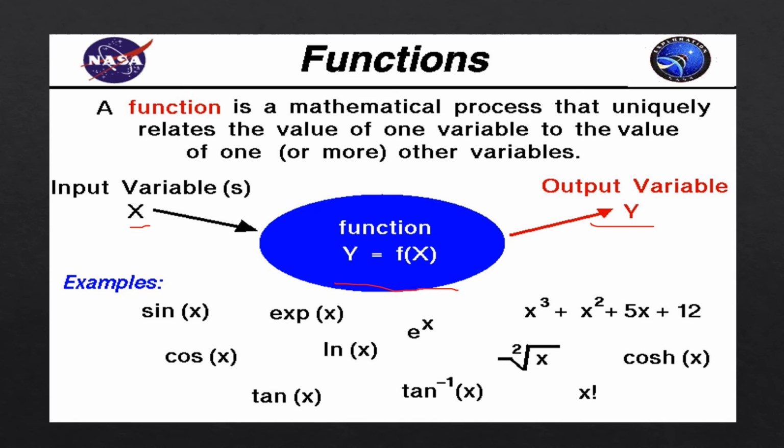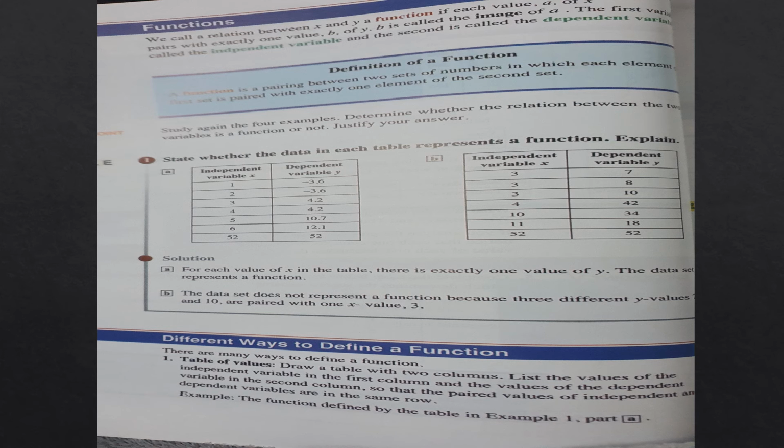For example, we have sine as output and x as input, cosine as output and x as input, and exponential as output, with x as input. So here is our example, and this is the definition of a function. We have an independent variable, which is x, and a dependent variable, which is y.